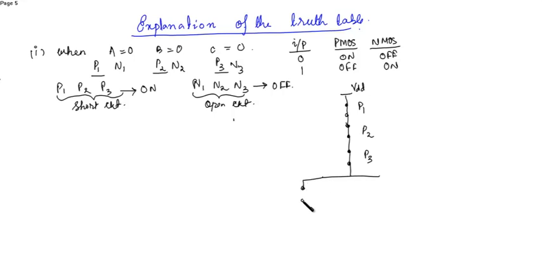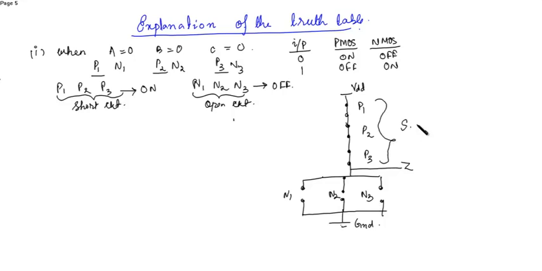N1, N2 and N3 are in parallel, so they are open circuited. And this is connected to ground. The output is obtained from here. This is N1, N2, this is N3. So you can see here all the PMOS are short circuit and all the NMOS are open circuited.